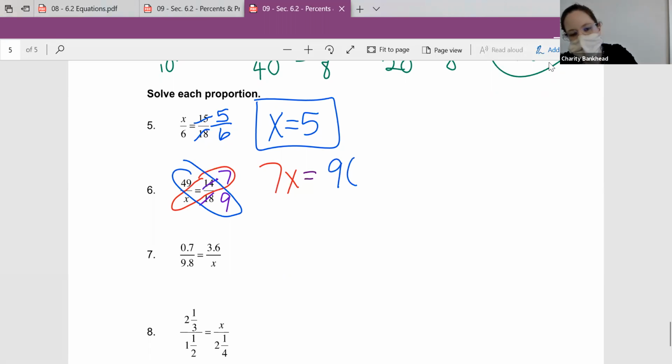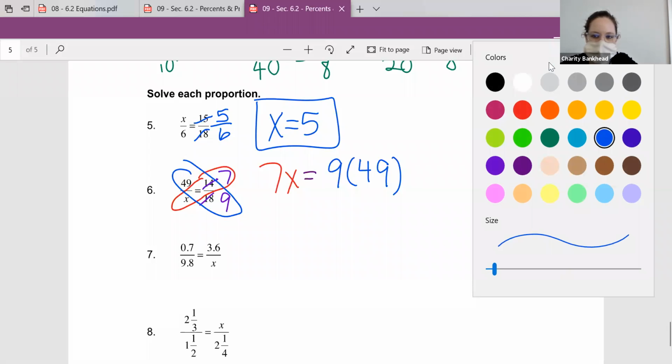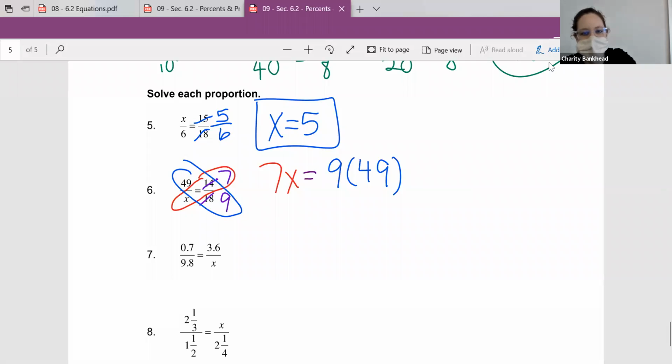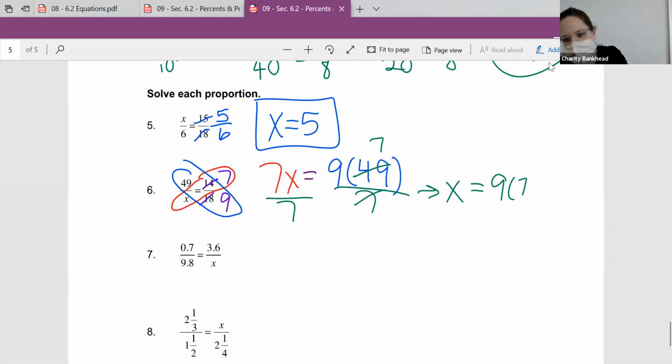And I'm just going to write down 9 times 49. Normally I would go ahead and multiply that out, but I know it's going to be easier if I just divide both sides by 7. Because I know 7 goes into 49 7 times. And then all I have to do is 9 times 7, which is 63.